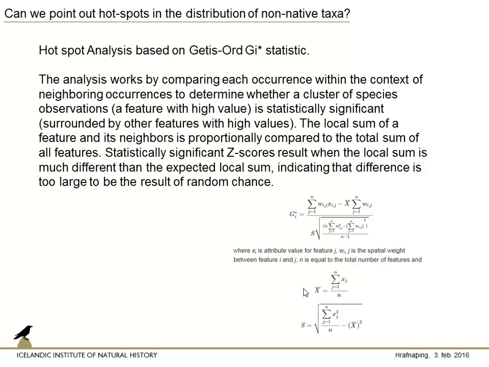And then after analyzing this, the local sum of feature and its neighbors is proportionally compared to the total sum of all features. And as a final result, we receive a z-score, and statistically significant z-score result when the local sum is much different than the expected local sum, what indicates that the difference is too large to be the result of random chance.